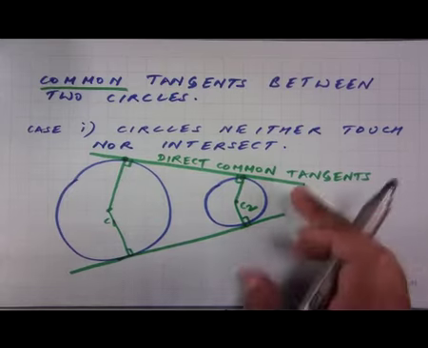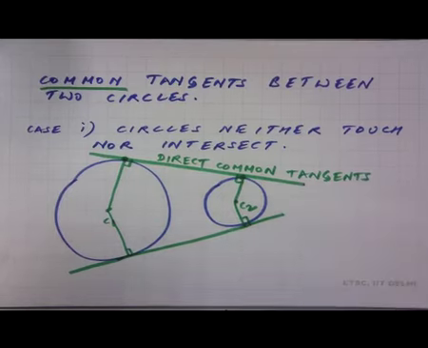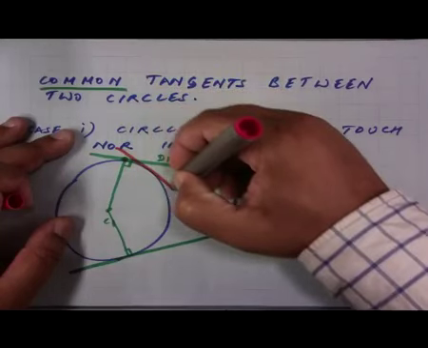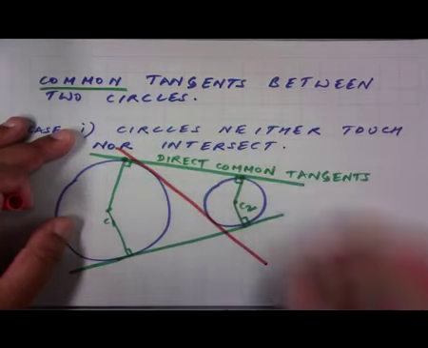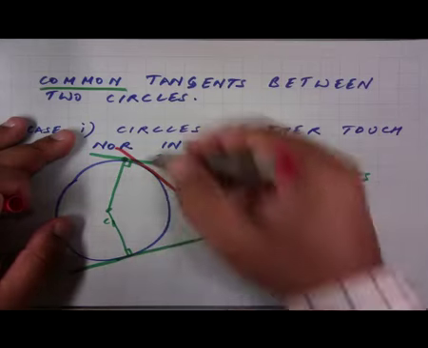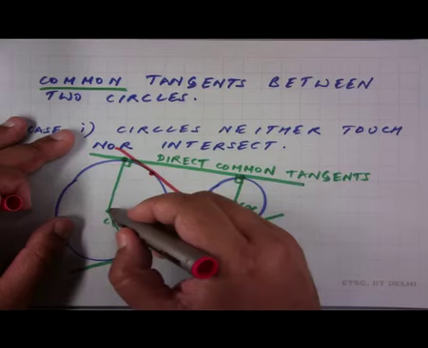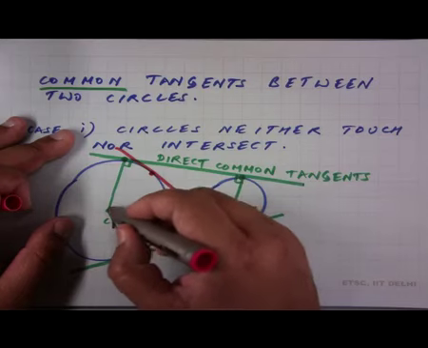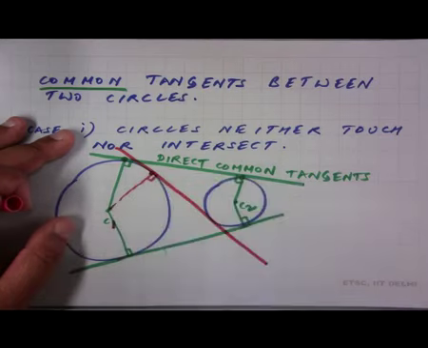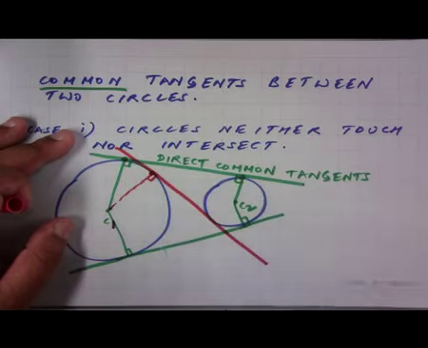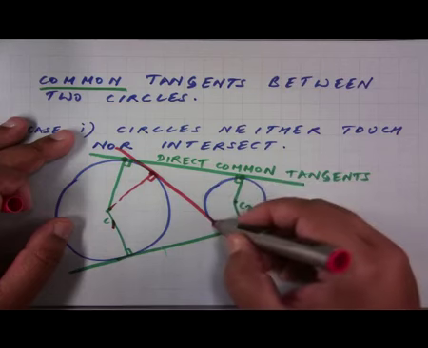But apart from these two, we will still have two more tangents which are called transverse tangents, and they are like this. As we can see, this red line is a tangent to the first circle at this point, and the same red line is a tangent to this other circle at this point.